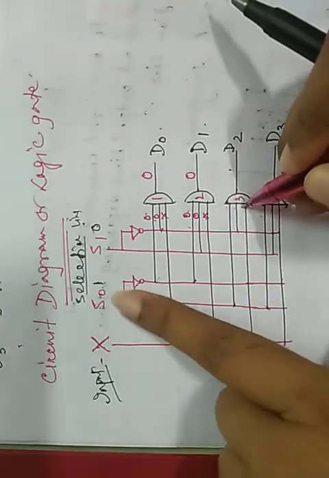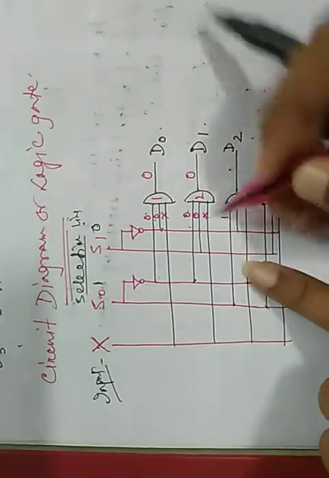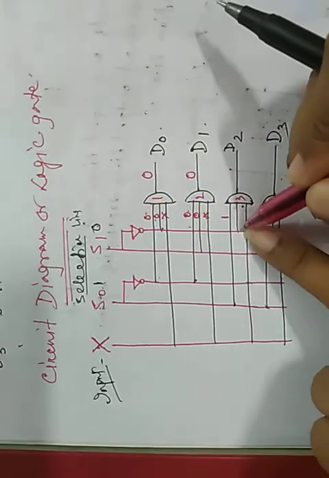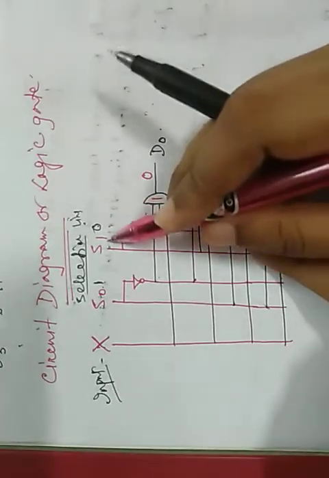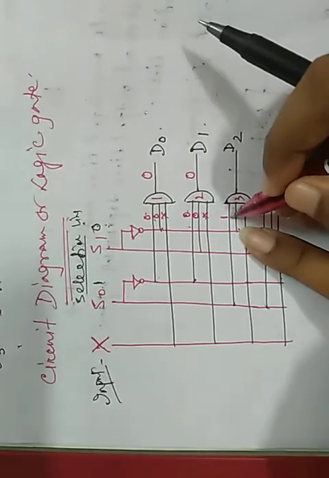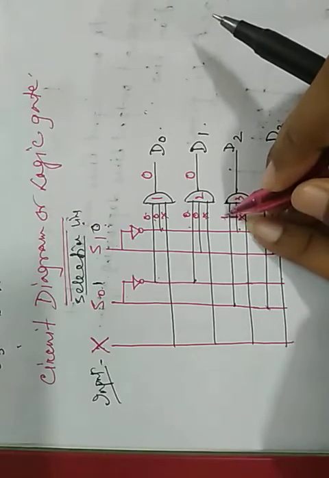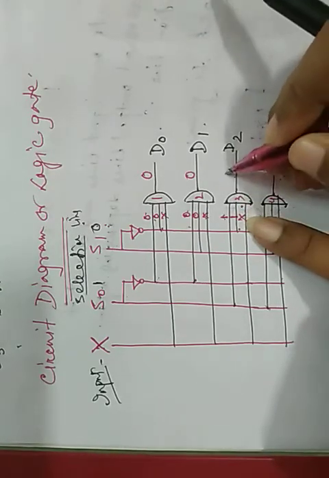In the third AND gate, S0 direct is 1, S1 complemented is 1, and X is X, so the output value will be X.